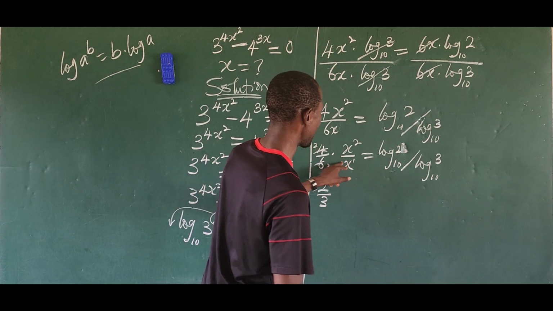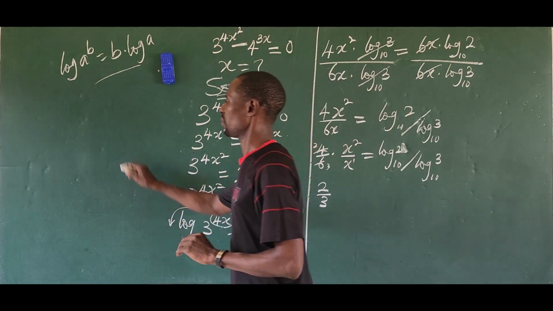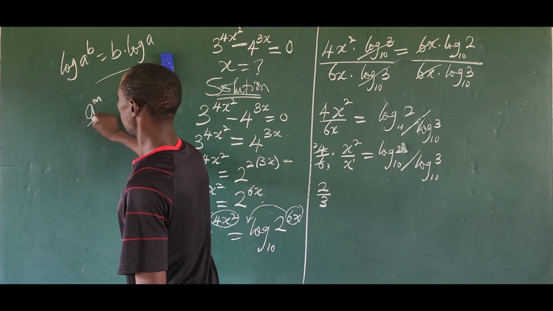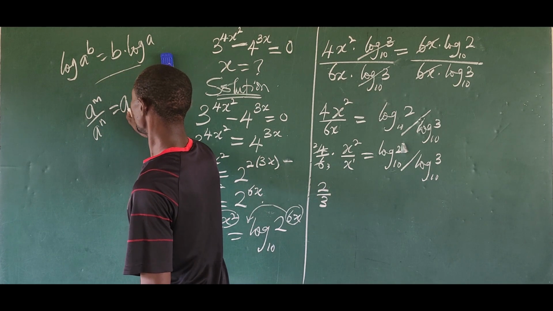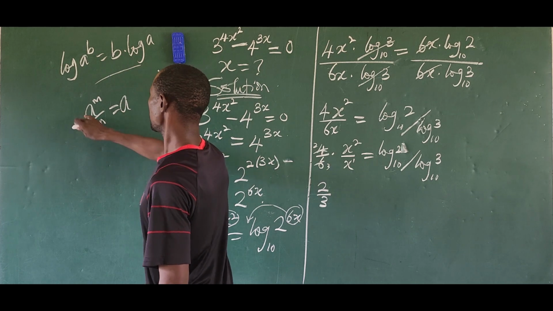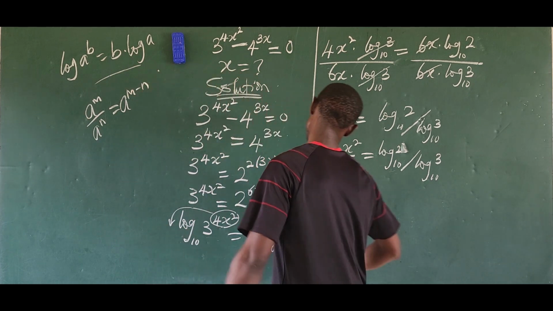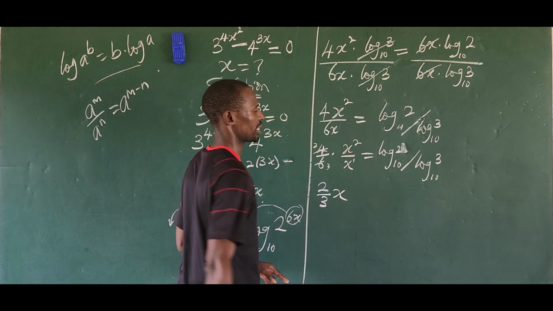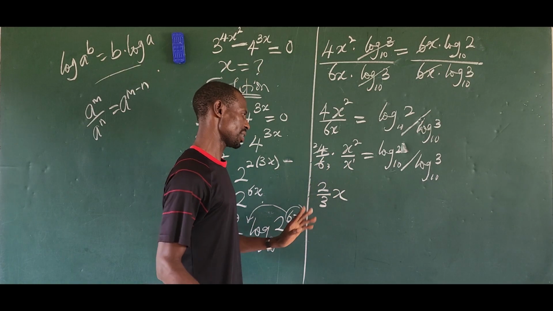Then if we apply the division law of indices, which says that if you have a to the power of m all over a to the power of n, take only one of the base, then subtract the exponents. If we do that, this is going to give us just x, because x to the power of 2 minus 1 is x.